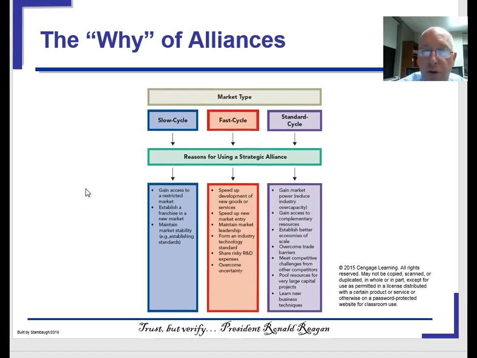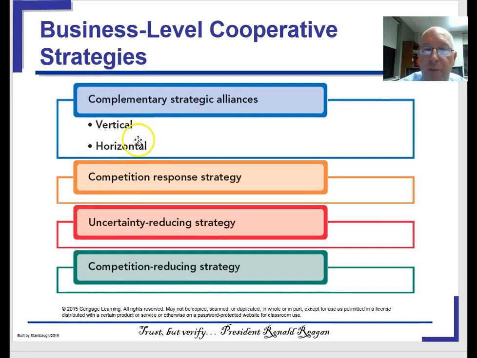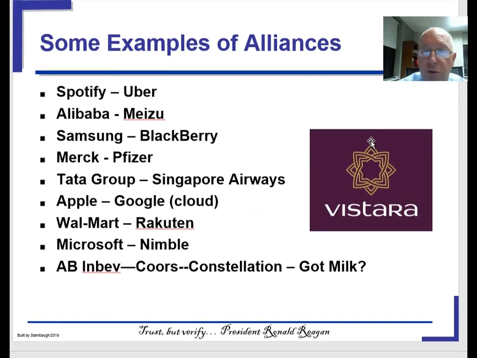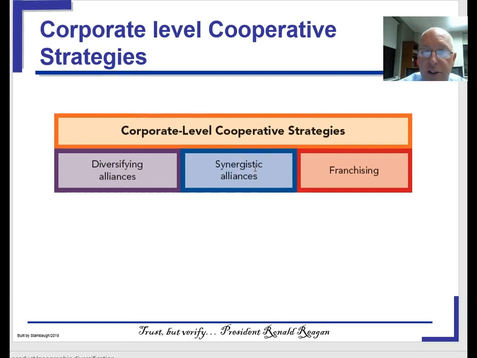So make sure you're up on both those words and you won't have any trouble applying them. Also make sure you understand the difference between a vertical alliance and a horizontal alliance, and then understand why horizontal alliances tend to be a little bit more fragile, which we talked about in class.